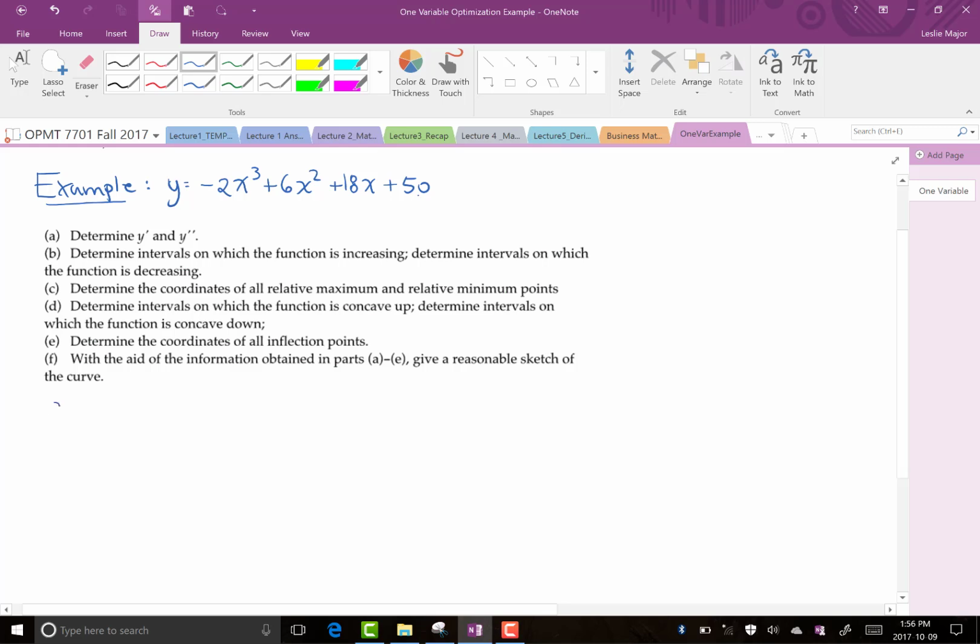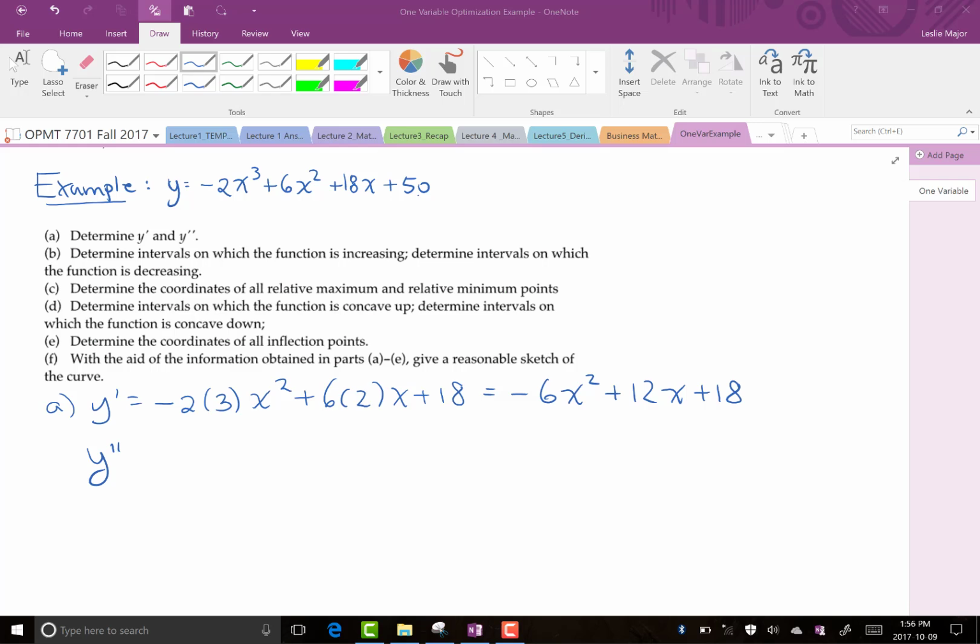Okay, sorry, y prime and y double prime. So y prime is just going to be minus 2 times 3x squared plus 6 times 2x plus 18, which gives us minus 6x squared plus 12x plus 18. Y double prime, you just take a derivative of that derivative.